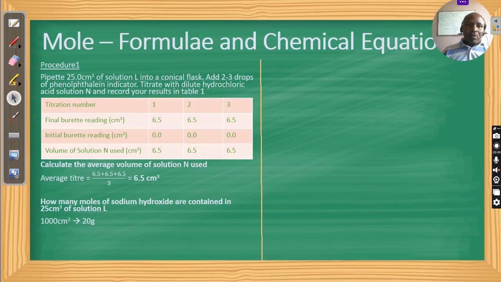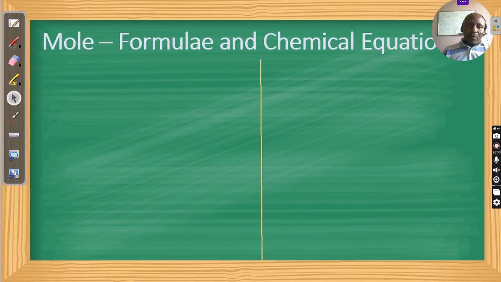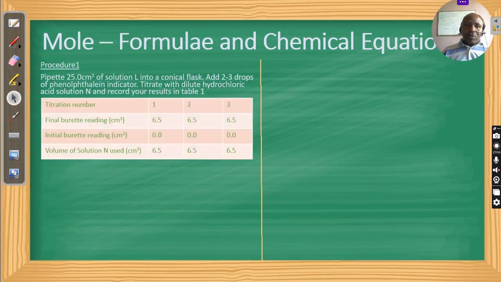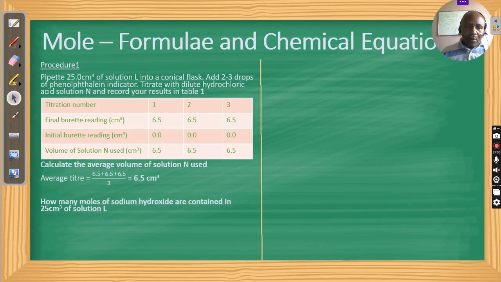Remember, we have been told that solution L contains 20 grams per liter of sodium hydroxide. So if 1000 cm³ contains 20 grams, then you are supposed to calculate for 25 cm³.